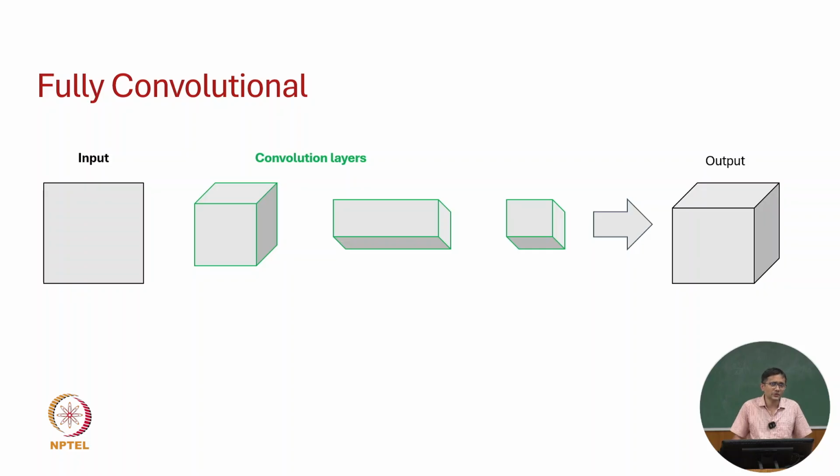So if we started with a 224 cross 224 image, we would like to obtain an output which has the same spatial dimension, that is 224 cross 224. So there arises a question: how can we do that?